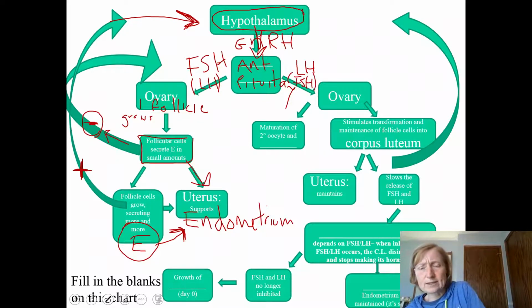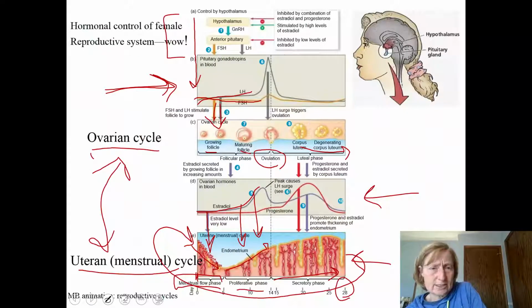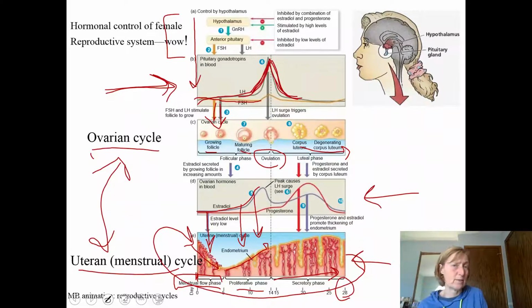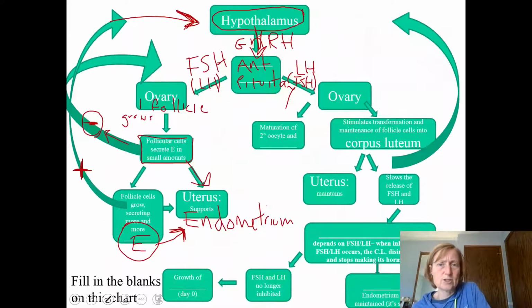If you go back and look at the slide, you see this big peak here. That's what we're talking about, a surge of LH. That's what is happening right around the middle of the cycle. So you might want to put a surge of LH between the anterior pituitary and the ovary, because that surge of LH, luteinizing hormone, targets the ovary, where it causes a few things to happen.